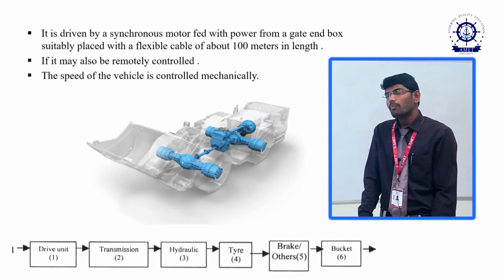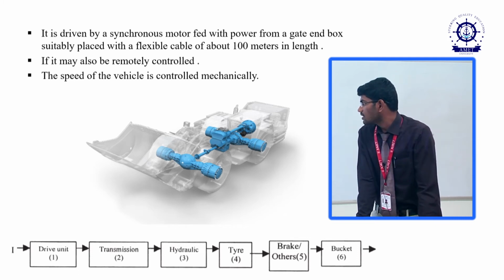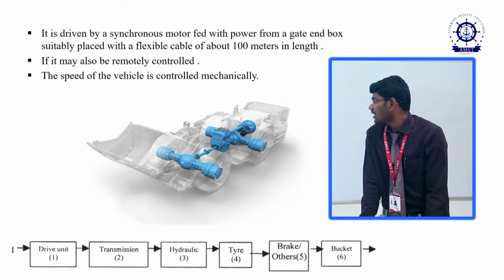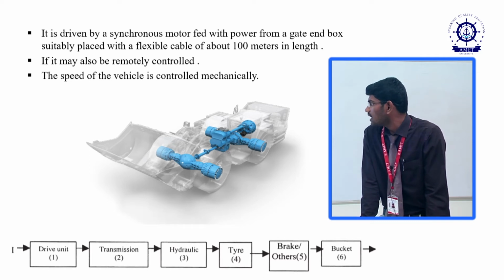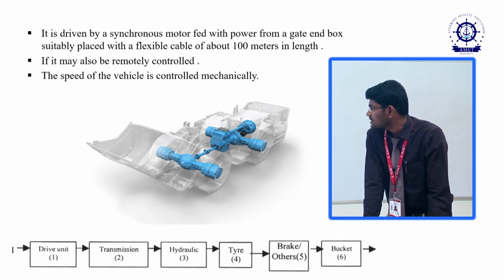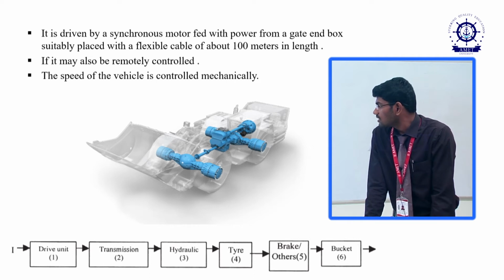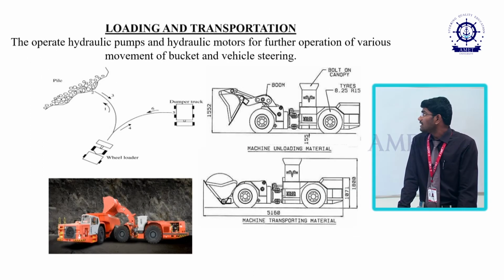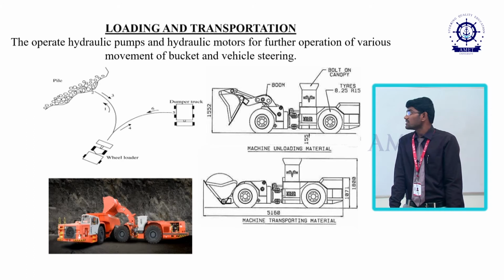Finally, connection of the bucket. The cycle of the drive system: transmitter to hydraulic systems, tires, brakes and bucket. The drive unit is the main part of the LHD, in the middle of the LHD, to control and transmit the energy by the hydraulic motors and hydraulic pumps, transmitting power to the bucket for loading and transportation of LHD.